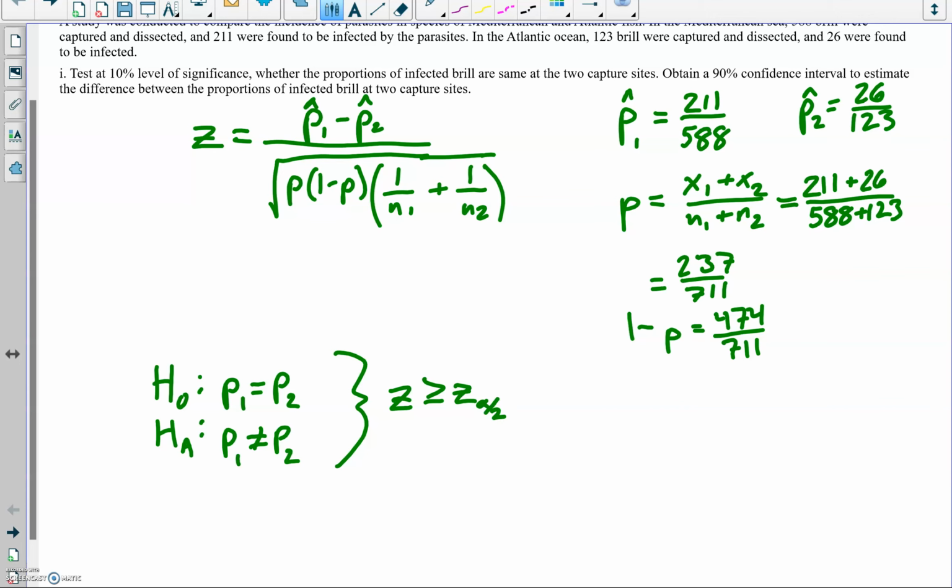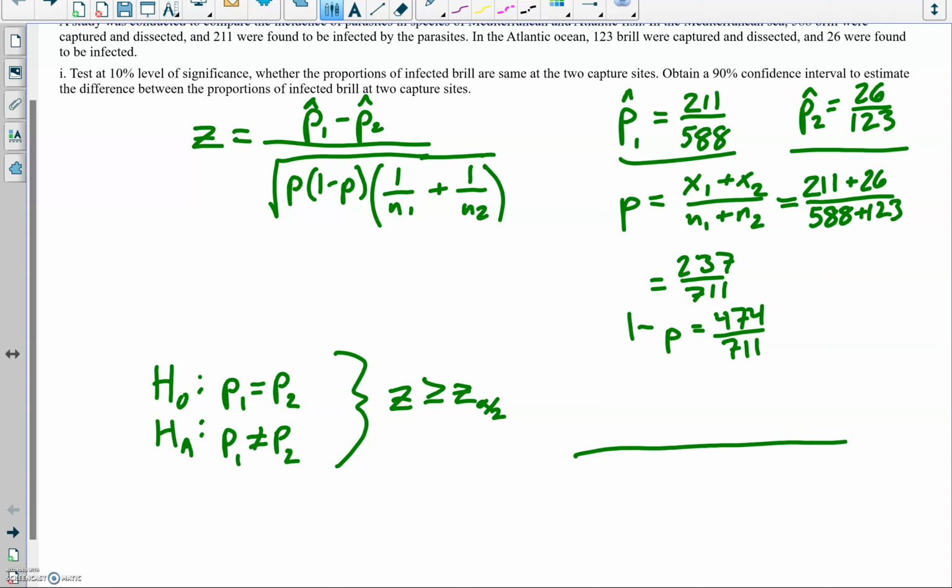You could look at it as Z is less than or equal to the negative Z, but I always just use the positive Z here. The reason I'm going to use positive Z in this case is because I know that p1 will be bigger than p2, so I'm going to get a positive Z in my test statistic, just looking at the proportions up here. If you got a negative value for Z, you would test it against the negative Z of alpha over 2 and see if it's less than that.